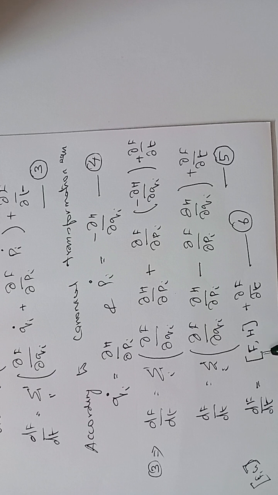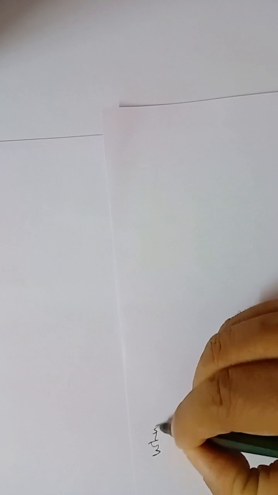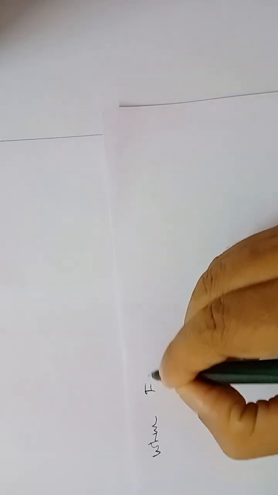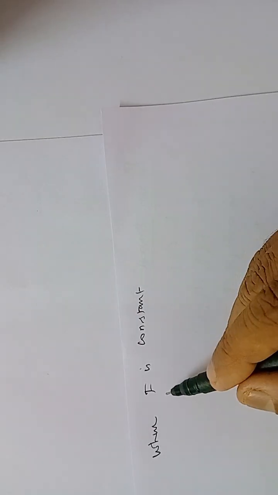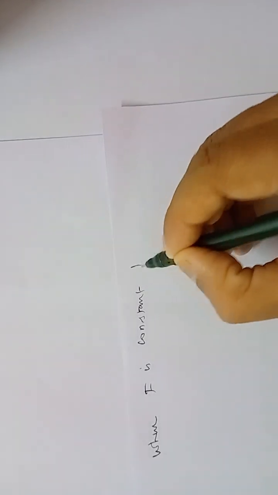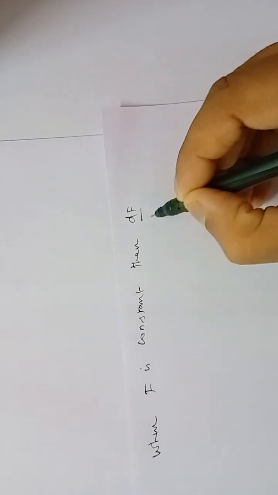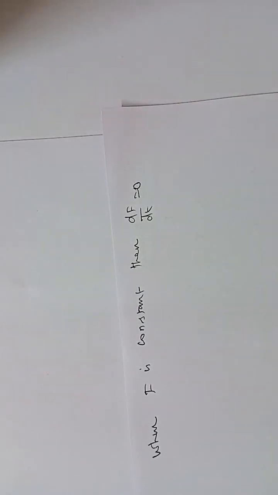This function f will become constant when the differentiation of that constant becomes 0, that is, df by dt becomes 0.